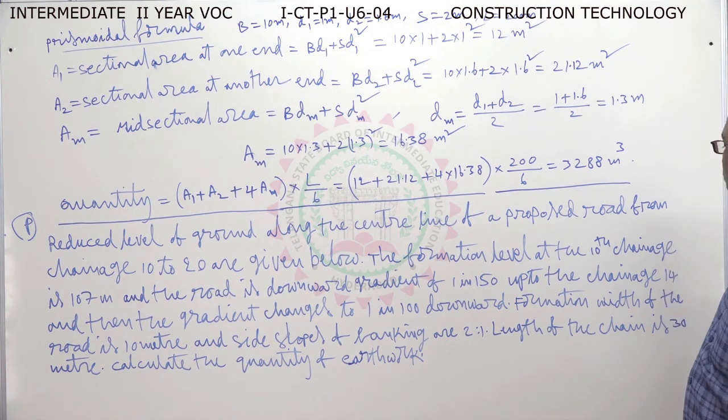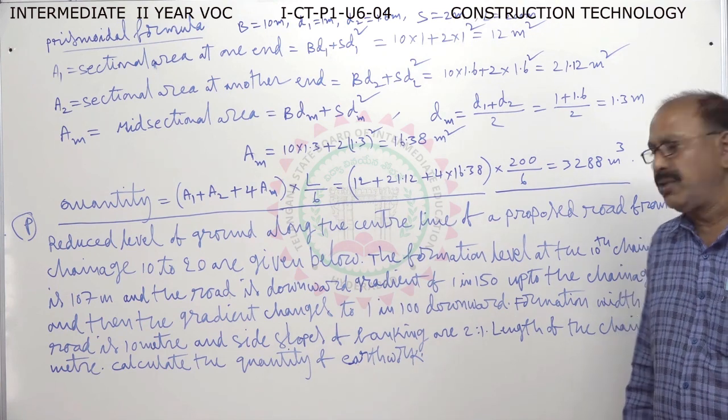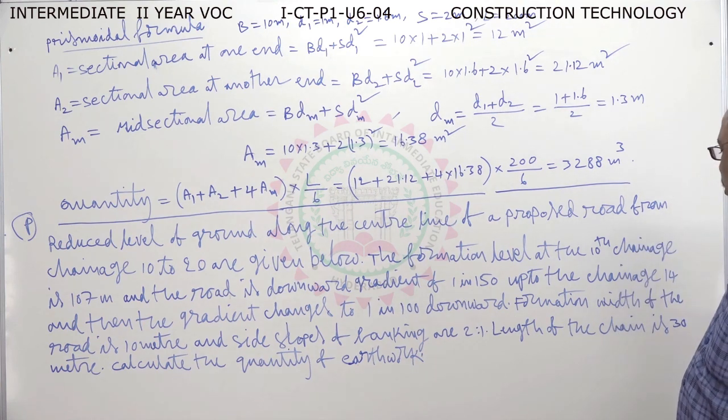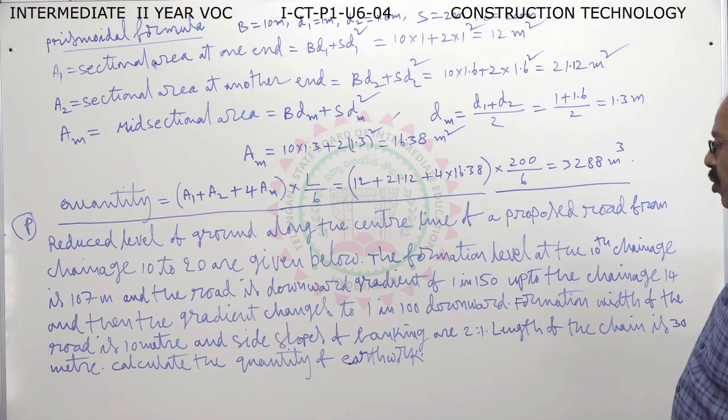The formation level at the 10th chainage is 107 meters and the road has a downward gradient of 1 in 150 up to chainage 14, and then the gradient changes to 1 in 100 downward. Formation width of the road is 10 meters and side slopes of banking are 2:1. Length of the chain is 30 meters. Calculate the quantity of earthwork.